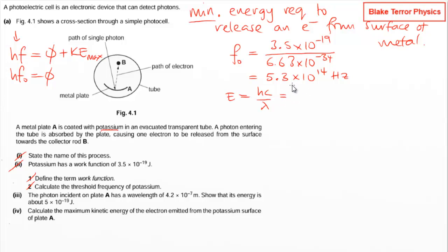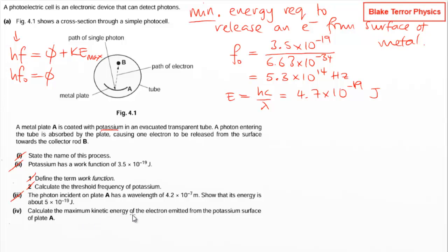So we've got 6.63 times 10 to the minus 34 multiplied by 3 times 10 to the 8, and then divide by the wavelength, 4.2 times 10 to the minus 7, giving 4.7 times 10 to the minus 19 joules, which is pretty close to what they wanted. Okay, so that's good.